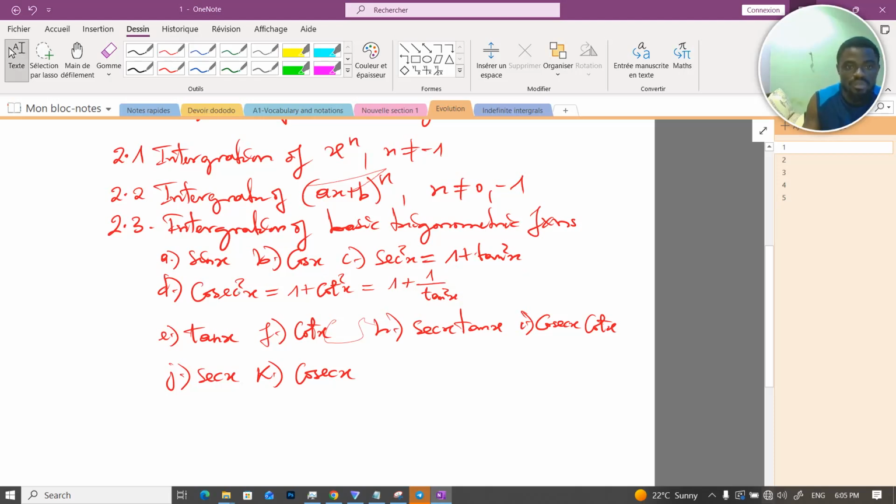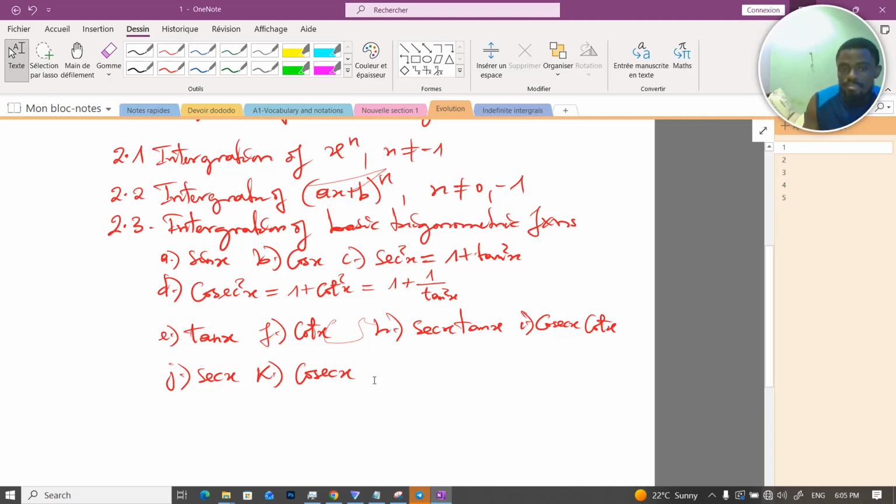Remember that cosec square x is the same thing as 1 plus cot square x, or 1 plus 1 on tan square x. We shall see how to integrate tan, cot, sec x tan x, cosec x cot x, sec x, and cosec x. What I will do here is give you formulas.